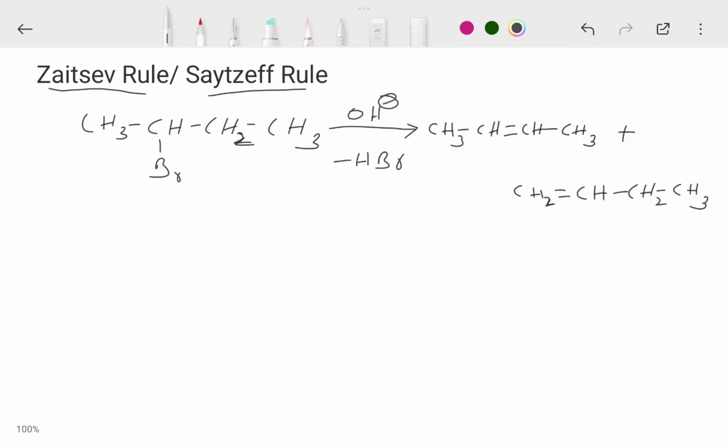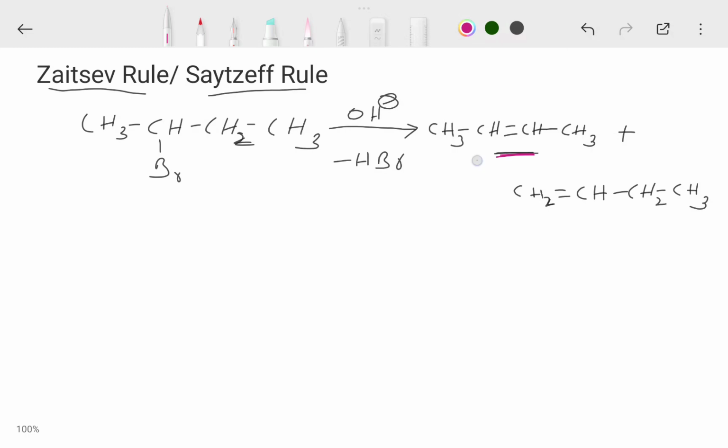Two types of products are possible. According to Zaitsev rule, the highly substituted olefin is the major product, or Zaitsev product.